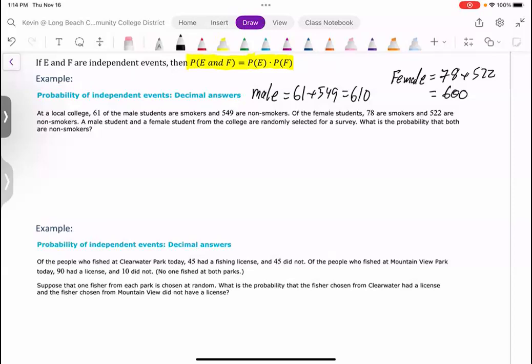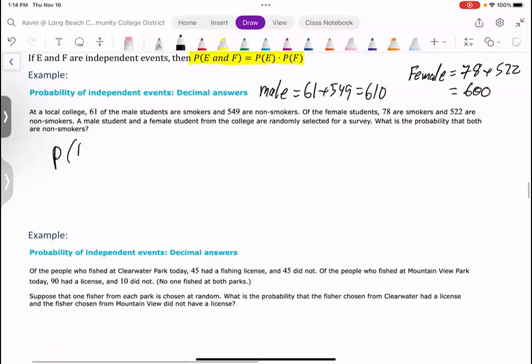A male student and a female student from a college are randomly selected for a survey. What is the probability that both are non-smokers? All right, so we have one male and one female. So what's the probability of both are non-smokers?